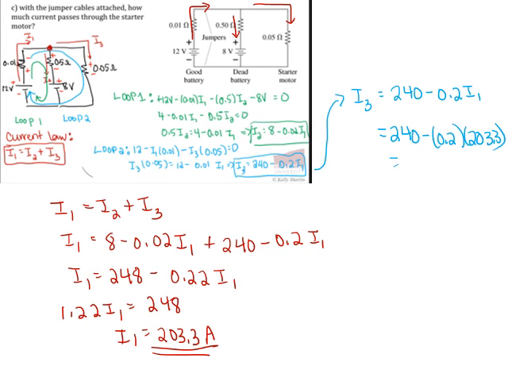That gives us a current I3 of 199.3 amps. So remember, if it was just the good battery by itself, that drove through 200 amps and the engine would start. With the dead battery attached, we drive through 199.3 amps, and that's enough, and that will actually get the motor started.